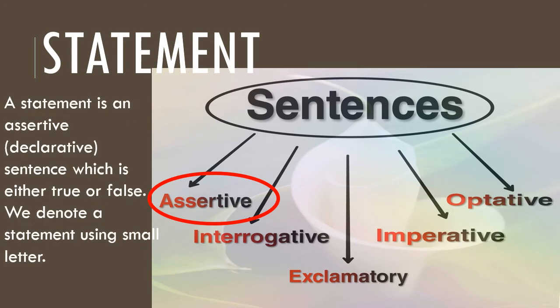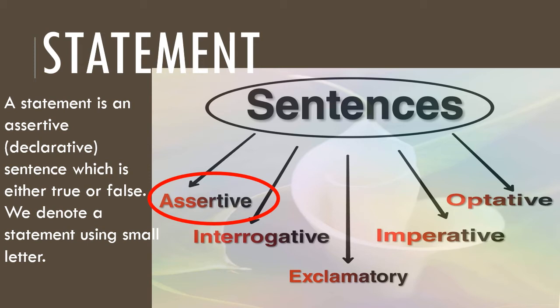So the definition is, a mathematical statement is an assertive or declarative sentence which is either true or false. One more thing, we will name a statement using a small letter, or we can denote it using a small letter for this topic.